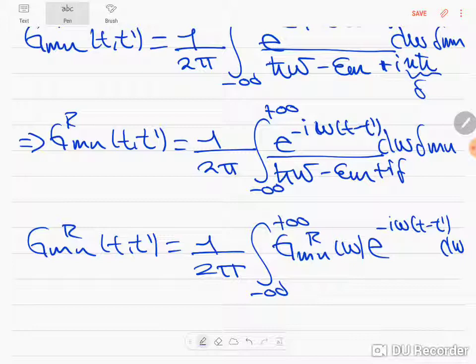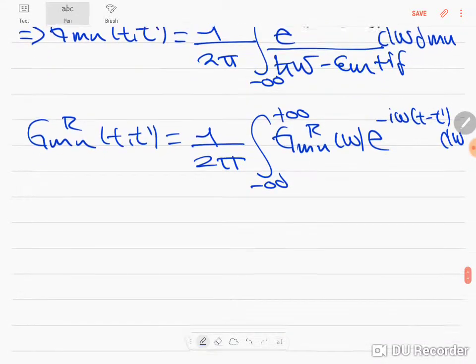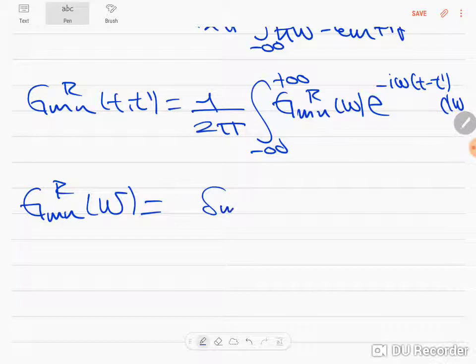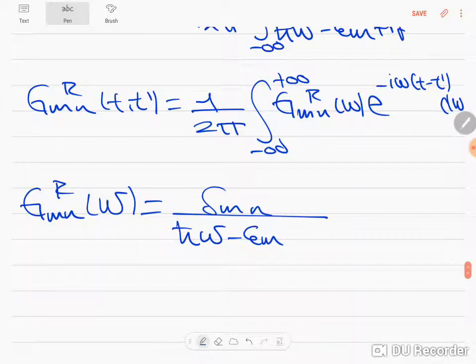Okay, so then what we're left with is that the spectral representation for our particle number basis Green's function is nothing but delta_mn divided by h bar omega minus E_m plus i delta.